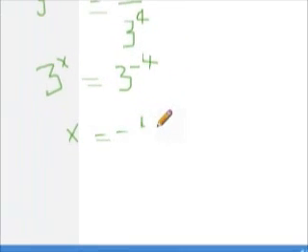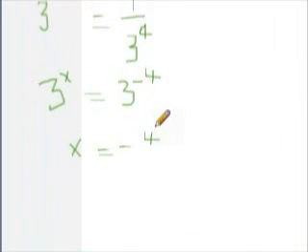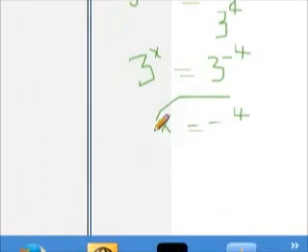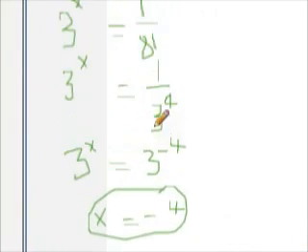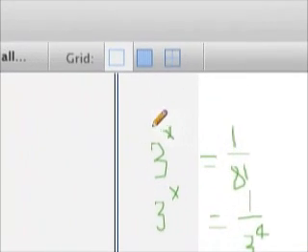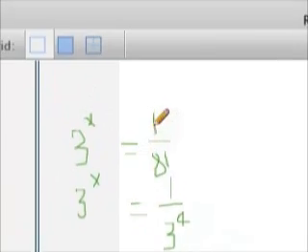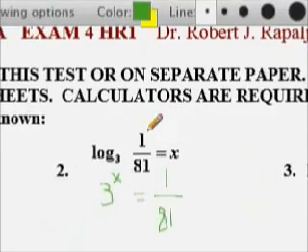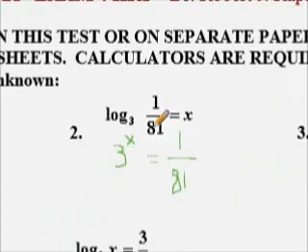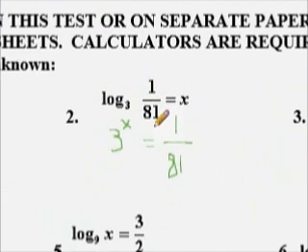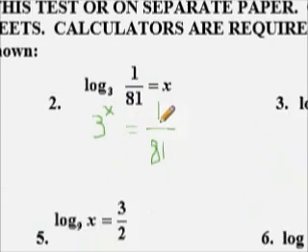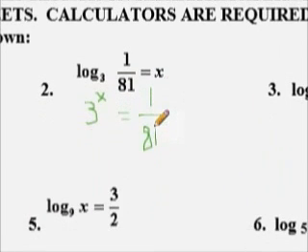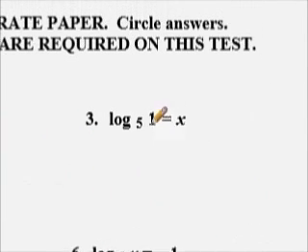We found it. Remember what we were trying to figure out: to what power do I need to raise 3 in order to get 1 over 81. So the problem was log base 3 of 1 over 81.